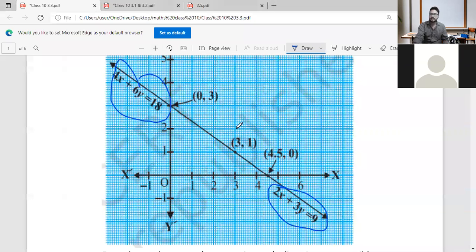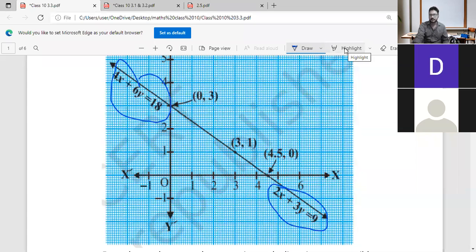3 and 1. Very good. Someone said 0 and 2, or 0 and 3. 0 and 2 is not a solution. 0 and 3 is a solution.